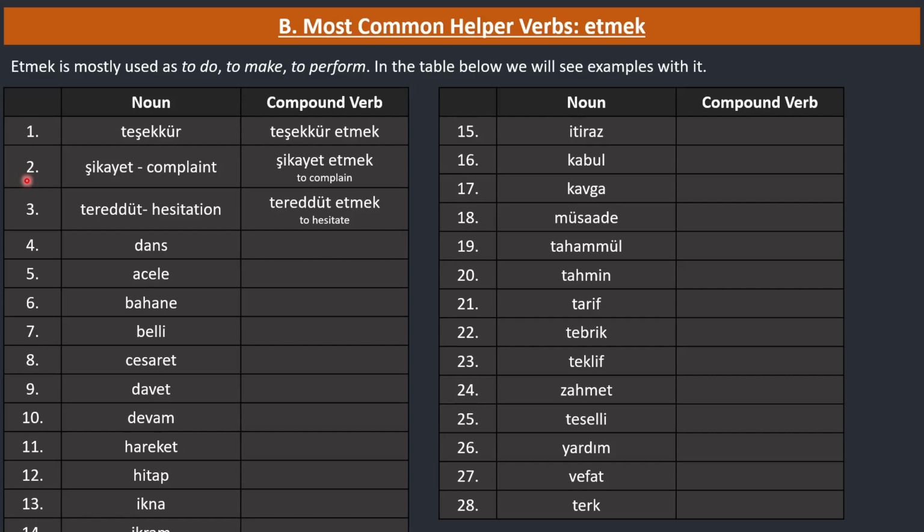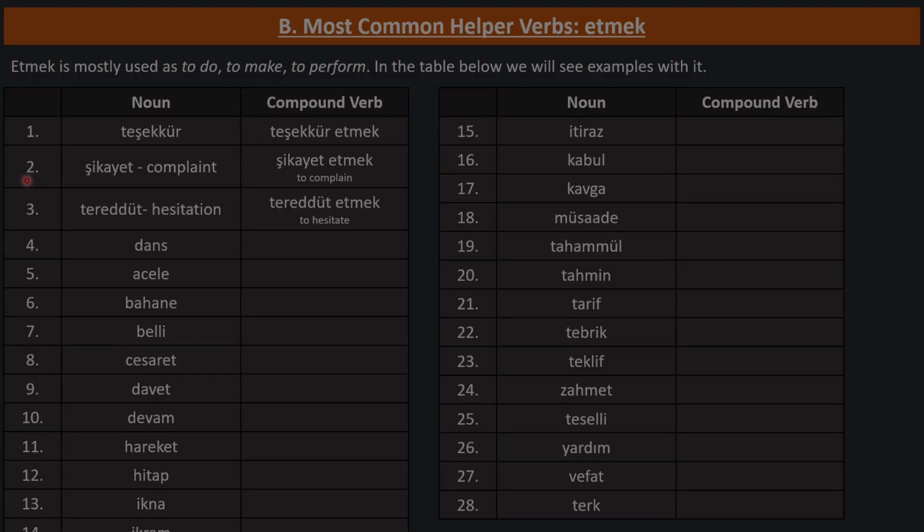Don't hesitate. Or I am hesitating to talk. Konuşmaya tereddüt ediyorum. It's used as a dative verb. Konuşmaya tereddüt ediyorum. Gitmeye tereddüt ediyorum. I am hesitating to go.